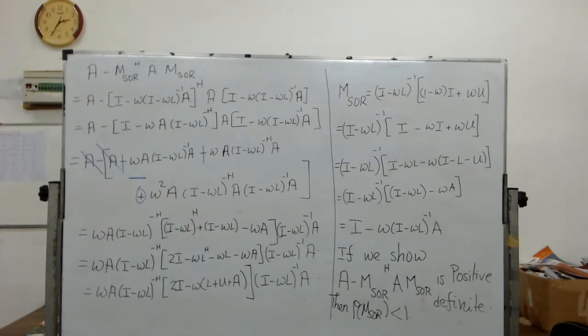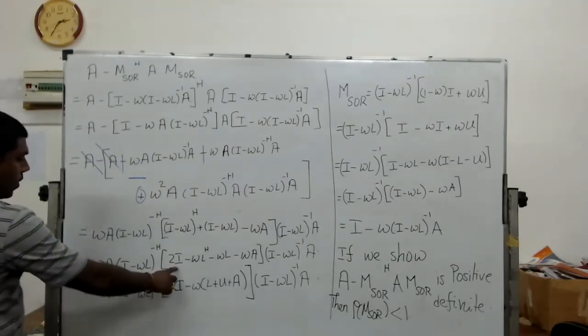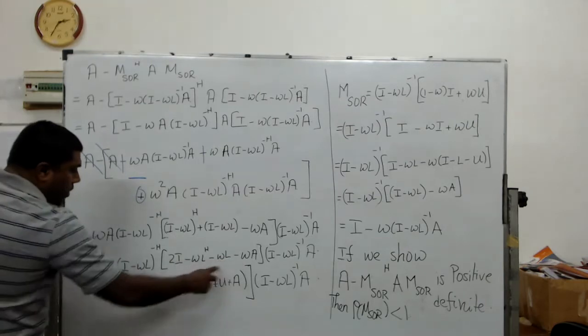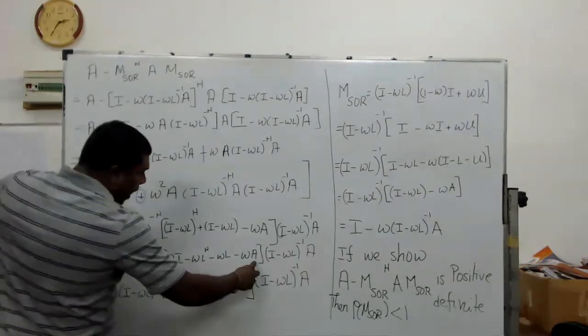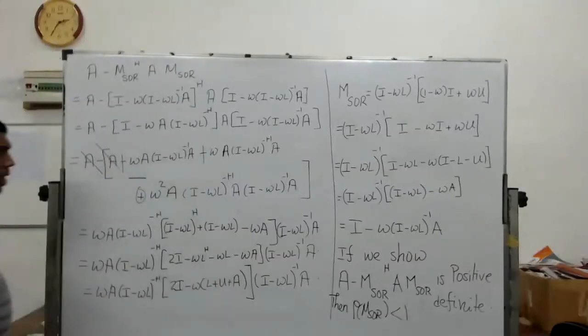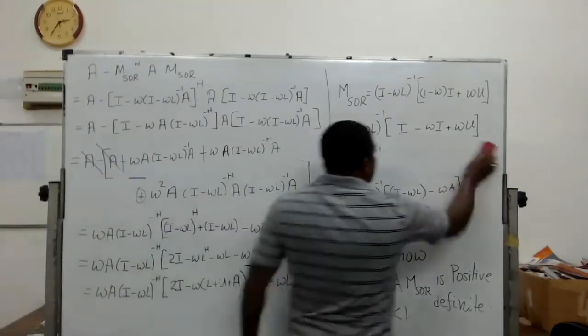And right, so you have this, right? So when you put 2I and minus omega, you take out. So you have L Hermitian plus L plus A, but L Hermitian is upper triangular matrix U. We studied in the previous case when we talked about Jacobi, right?